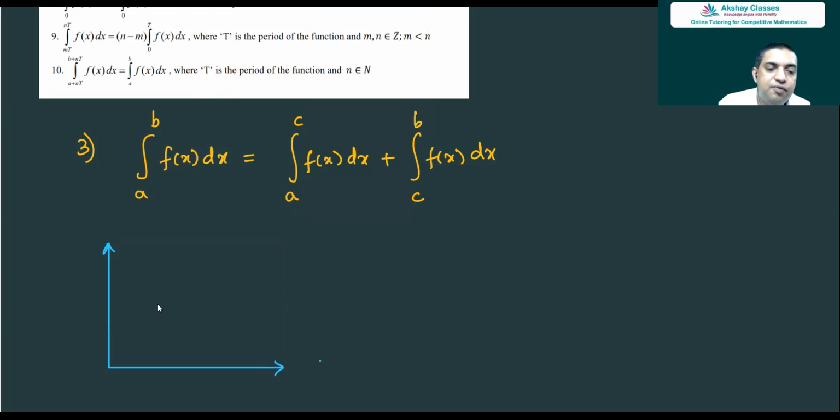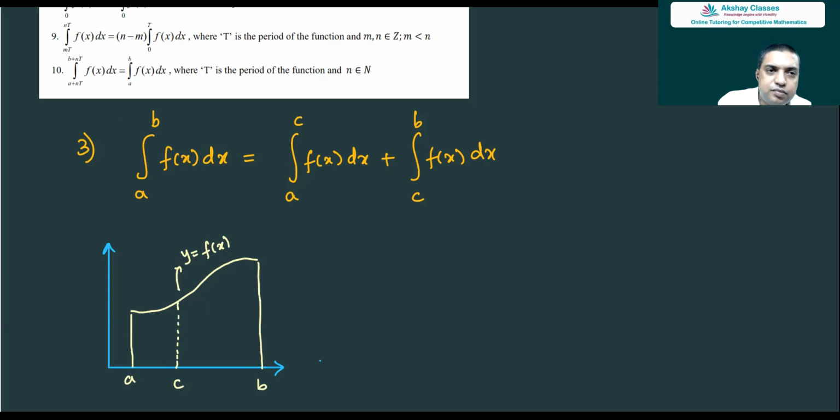Let us say the function is like this. This is y equal to f of x. And this is a, this is b, and there is some in-between value c.